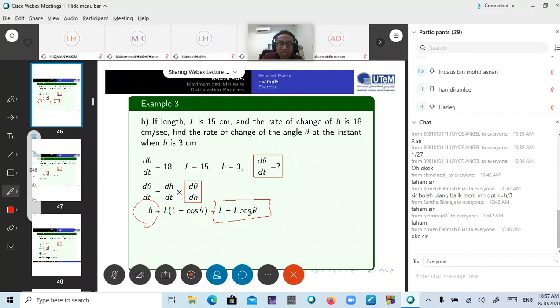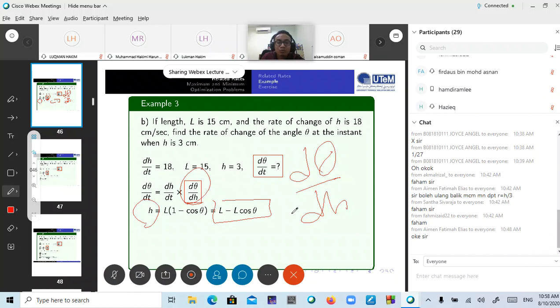Yang awak nak cari adalah dθ/dH. Supposedly, you kena jadikan theta as a object. Tapi kalau awak tengok ni, susah awak nak jadikan theta as object sebab dia adalah cos theta. Bila cos theta, is quite difficult for you to change.